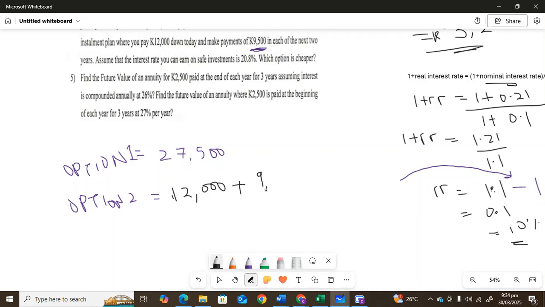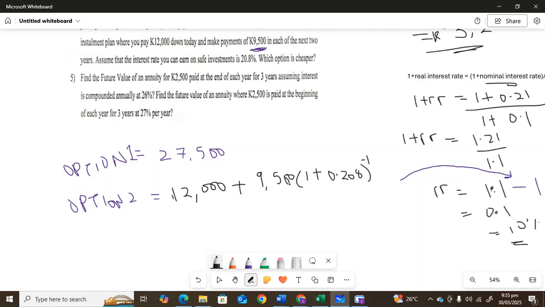You say 9,500, open brackets, 1 plus our rate, 20.8%, so that is 0.208 to the power negative 1.